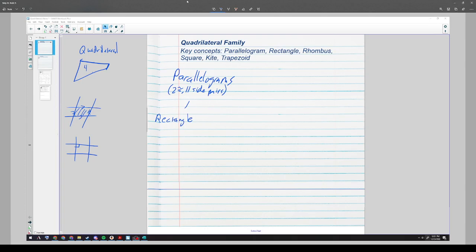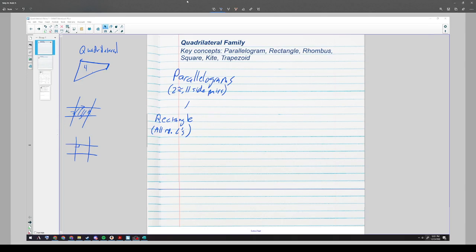A rectangle still has two congruent sides that are parallel to each other, but in addition, it has all right angles. That's an extra property that gives it extra mathematical value and other things we can calculate within a rectangle that we couldn't within just a parallelogram.